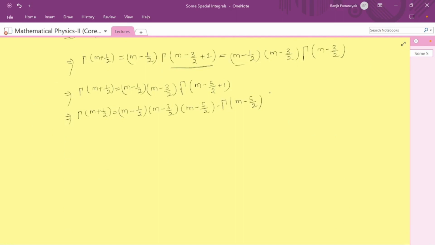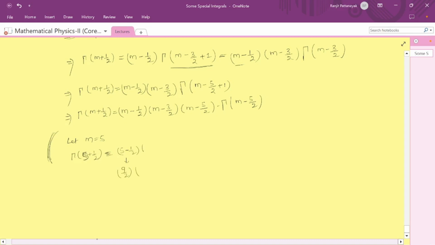If I consider any arbitrary m, what will be the last term? To verify, just consider m as some value. Suppose m equal to 5. Let us consider it only to verify; there is no need to write this in the exam. If m equal to 5, then m plus 1 by 2, or 5 plus 1 by 2, can be written as 5 minus 1 by 2, which is nothing but 9 by 2.